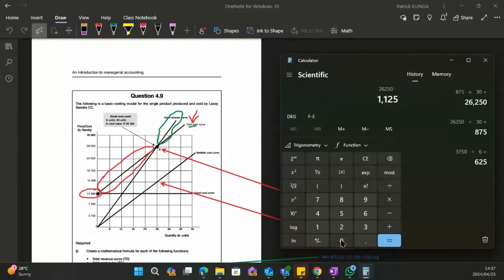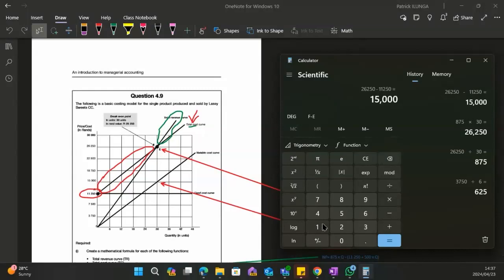11,800. So then it will give us the 15,000, and that makes sense because now look at the variable cost curve or line. You can see that 30 units intersect exactly with 15,000. That's impressive.